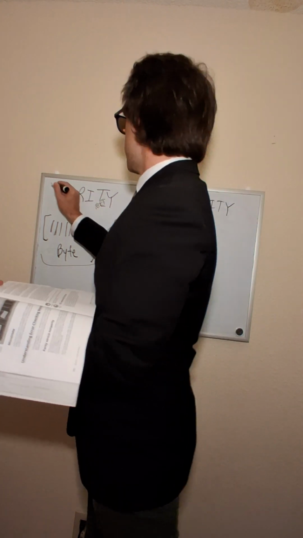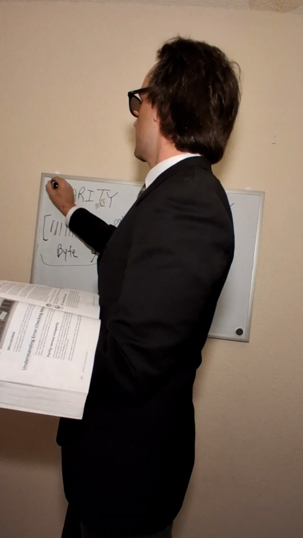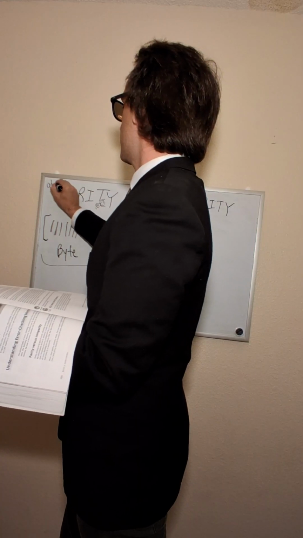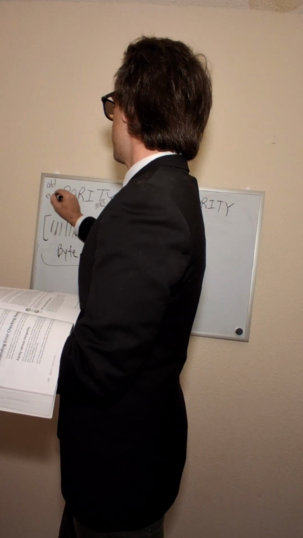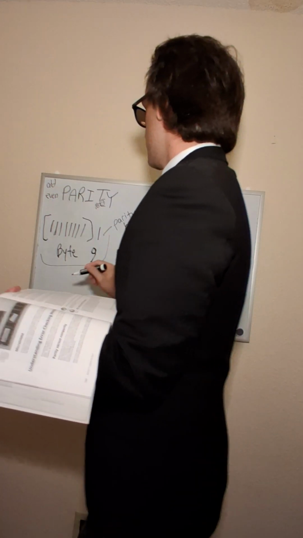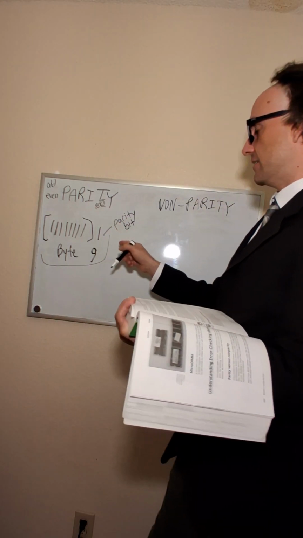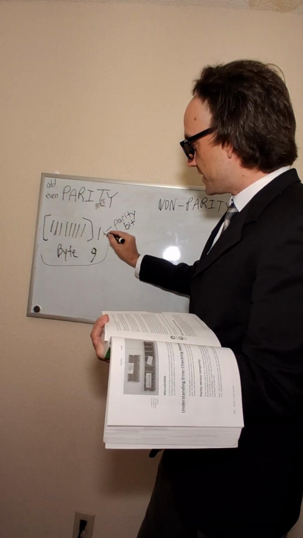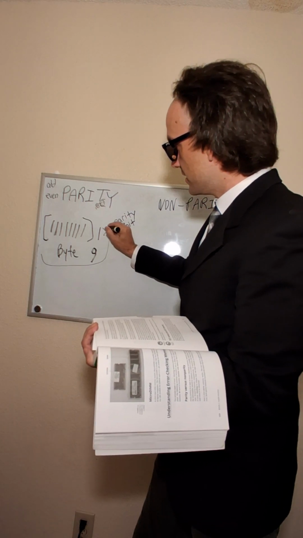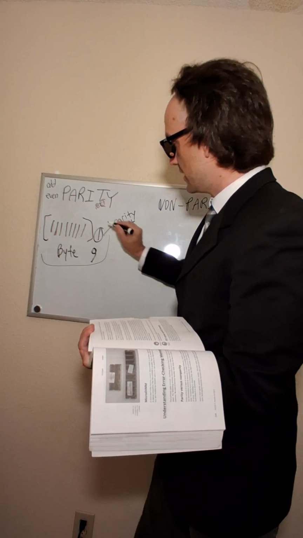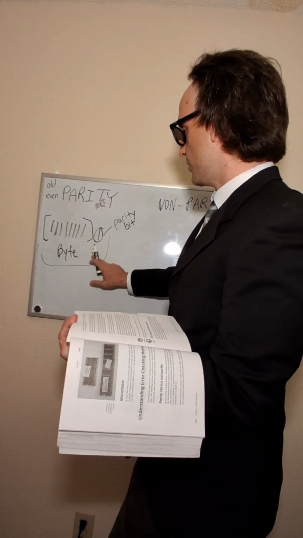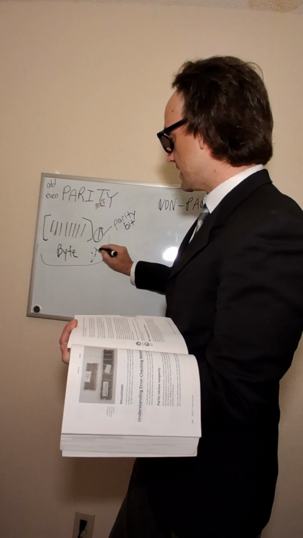So there's odd parity, there's even parity. Now, if this was even parity, then we would set this parity bit to 0, so that the total would just be 8, because 8 is even.